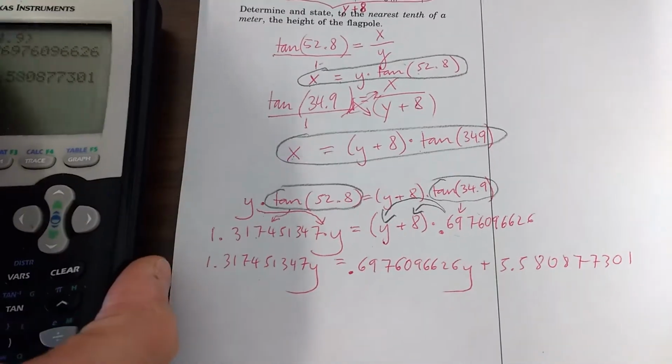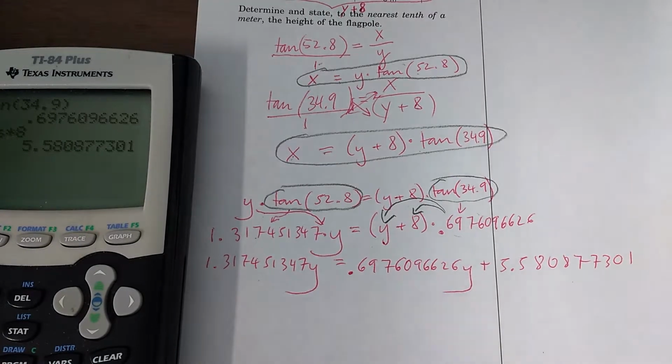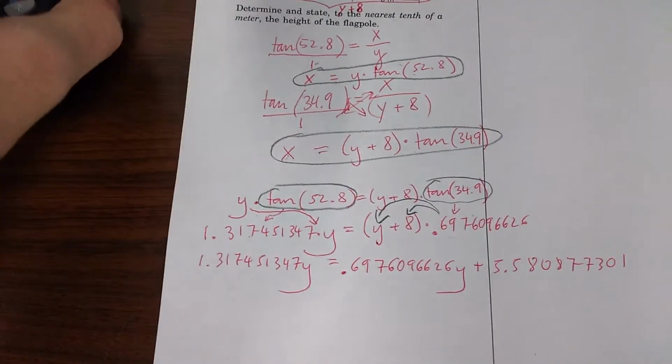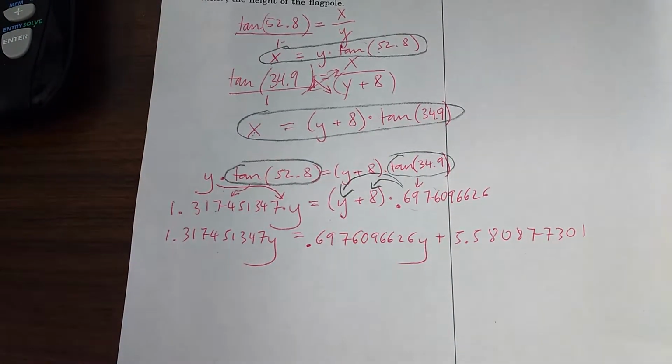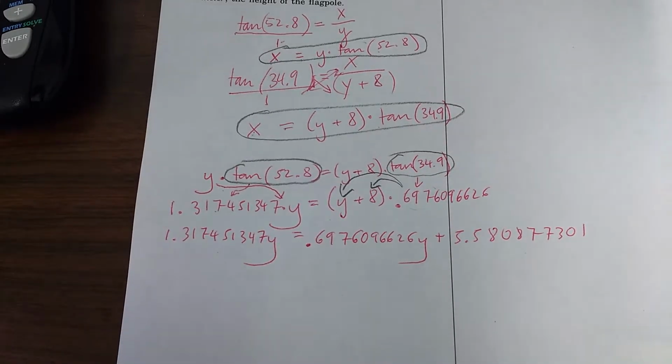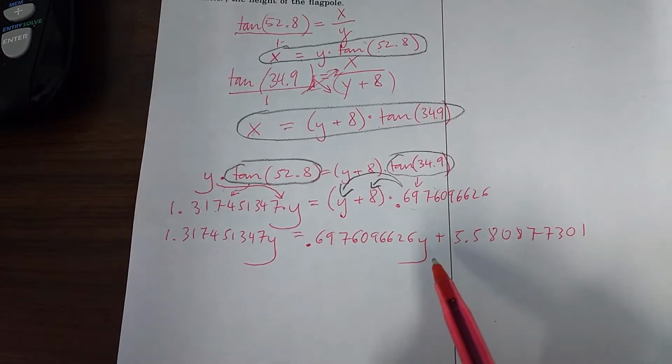Okay, and again, I would definitely advise you to copy the whole number. Don't round anything until the very end. Okay, and now again we're trying to get y by itself. So we need to get y on one side of the equation. So we have y on the left and y on the right. Let's just get rid of the y on the right.